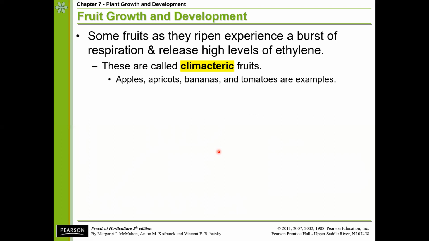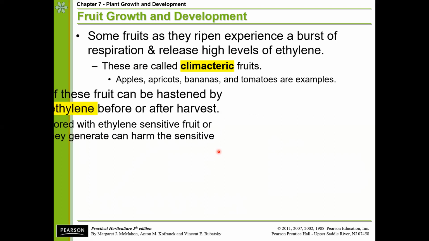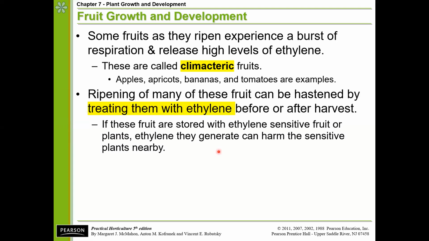And generally what we do in order to get these to continue to ripen off the plant is we might even add ethylene. So in a lot of cases, say with tomatoes, they're picking them off of the plant green, and then they're going to put them in a truck, transport them to a grocery store, and be gassing them with ethylene all the way.